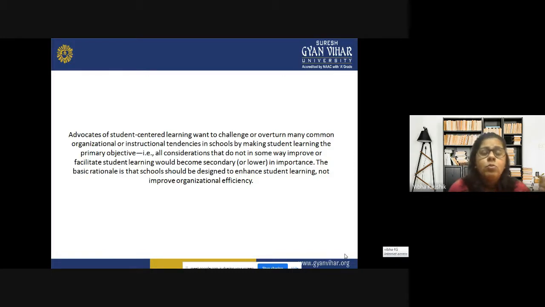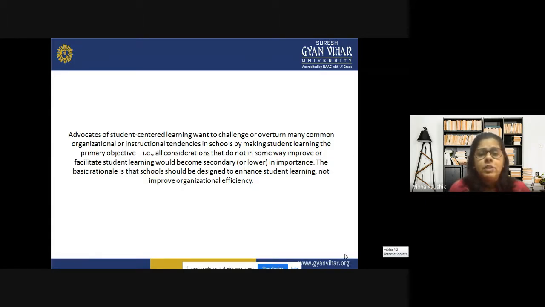Those who advocate the student-centered learning approach, meaning those who think this is the best method to teach students, consider that the primary aim of school is to make student learning effective for the learners. All considerations that do not in some way improve or facilitate student learning would become secondary or lower in importance.